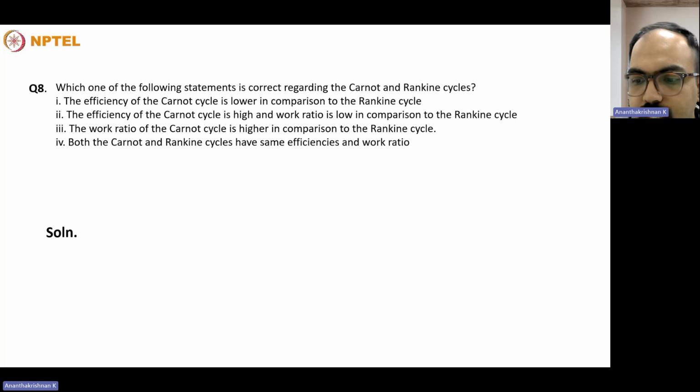The efficiency of the Carnot cycle is lower. In comparison to the Rankine cycle, the efficiency of the Carnot cycle is high and work ratio is low. The work ratio of the Carnot cycle is higher in comparison to the Rankine cycle. Both the Carnot and Rankine cycles have the same efficiencies and work ratio.